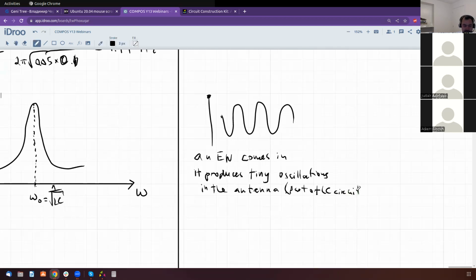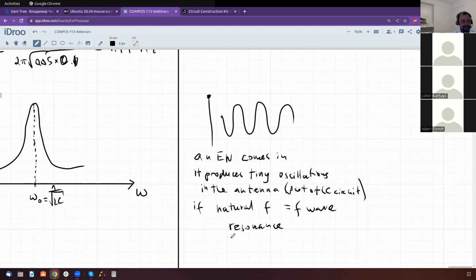And if the natural frequency is equal to the frequency of the wave, you have resonance. You can listen to BBC Radio 2.